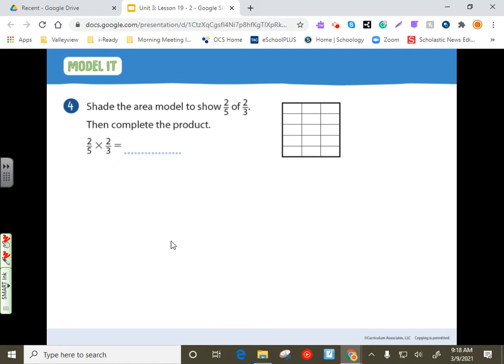Let's try another one. These two problems are very similar to what we're doing in IXL today. Shade the area model to show 2/5 of 2/3. So the vertical columns here are our thirds. So we have 2/3, so I'm just going to do 2/3, and then we've got 2/5. That's going to be this over here on the left. That's 2/5. So if I've got those, they overlap with these 4 rectangles right here.